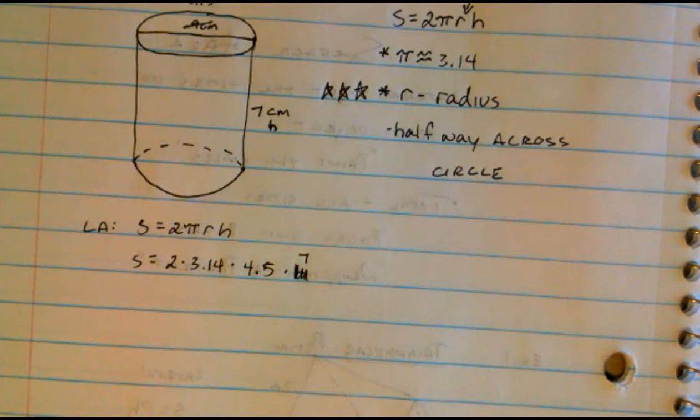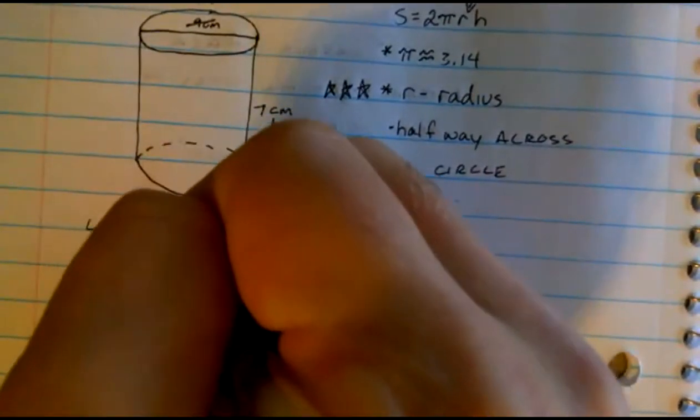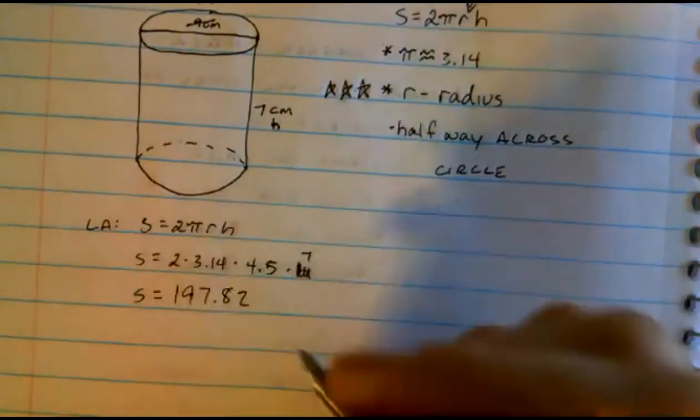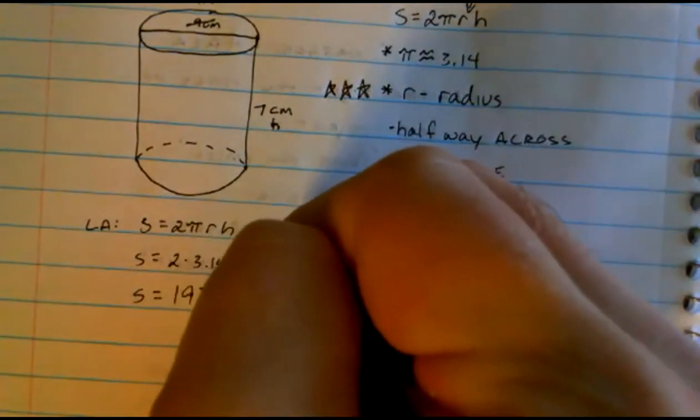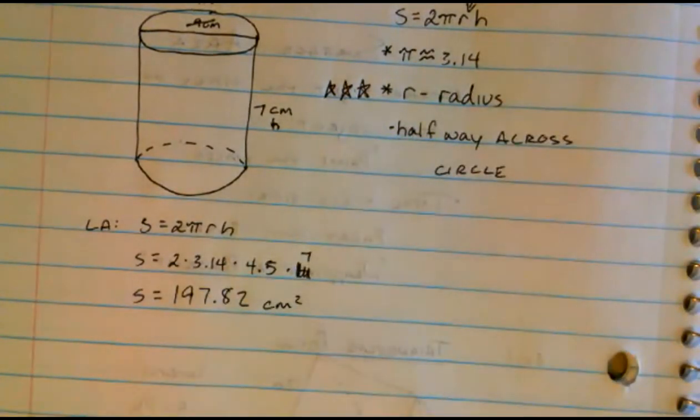So 3.14 times 9 times 7, and I get 197.82. So S equals 197.82. And we said centimeters, so centimeters squared, because it is an area measurement.